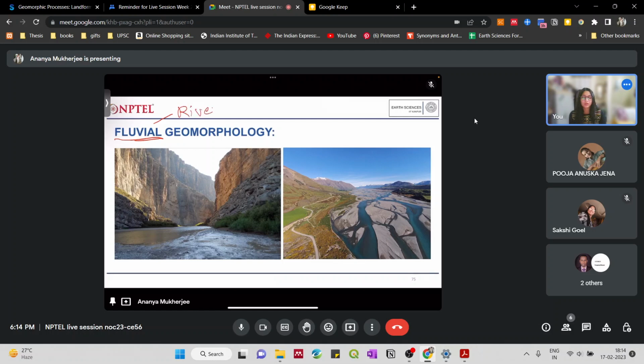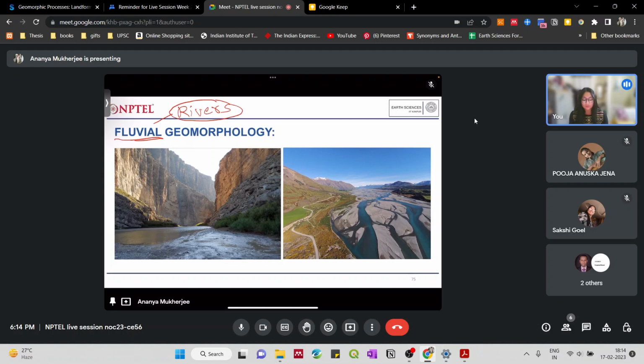Whenever you say fluvial features, fluvial landforms, fluvial landscapes, they are all related to how they are being created by rivers. The pictures put up on the slide are called fluvial geomorphic features.